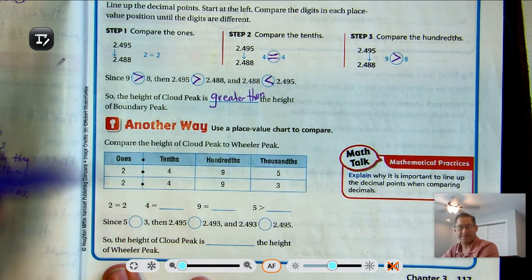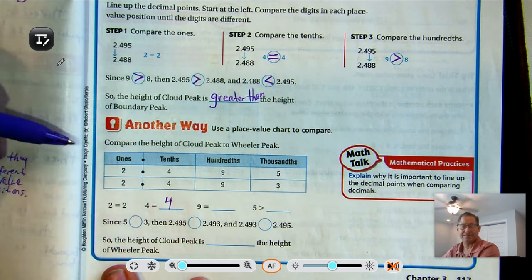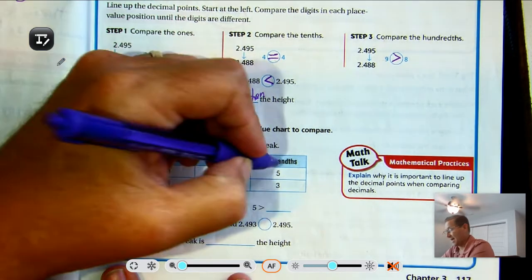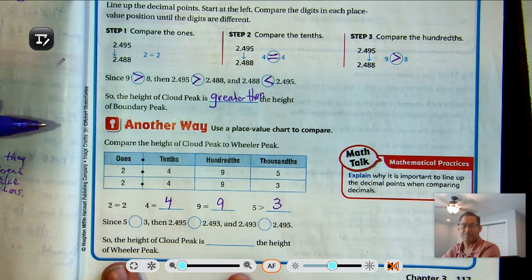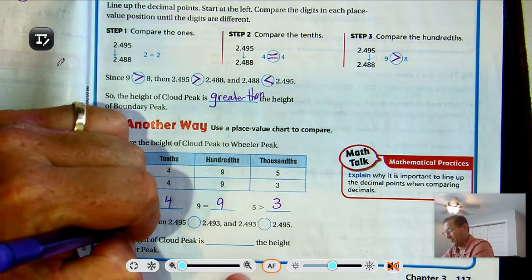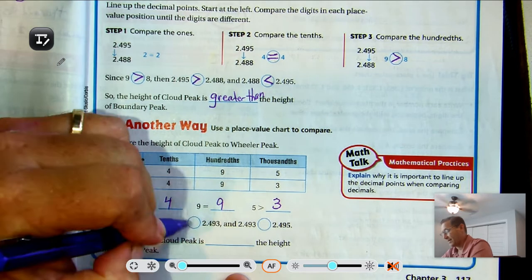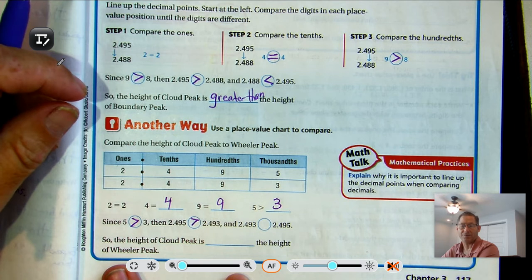Well, the 2 ones equal 2 ones. The 4 tenths equal 4 tenths. That doesn't help. 9 hundredths equals 9 hundredths. But 5 thousandths is greater than 3 thousandths. So since 5 is greater than 3, then 2 and 495 thousandths is greater than 2 and 493 thousandths.